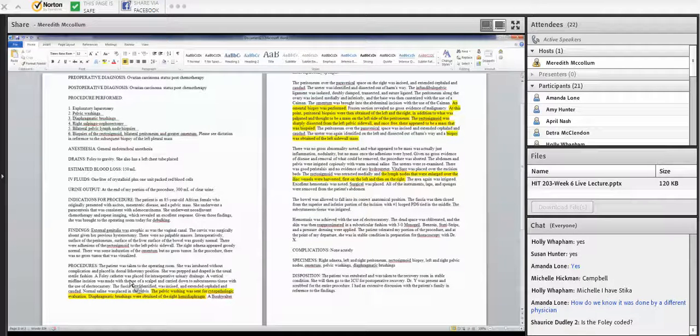Remember, the reason that they do anything diagnostic, meaning your seventh character on your code, if they are looking to see if something is cancer, you code it as an X. With that being said, this woman has known cancer.